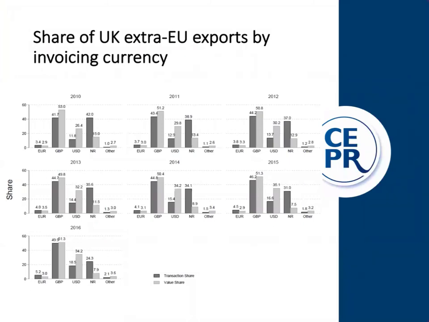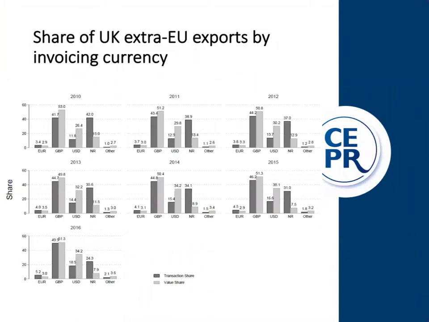Now, for all of these transactions invoiced in euro, we would refer to these as vehicle currency invoicing, because the bar for euros represents UK exports that are going to some country other than the European Union, but the British firm has chosen to invoice that transaction in a euro price, okay?